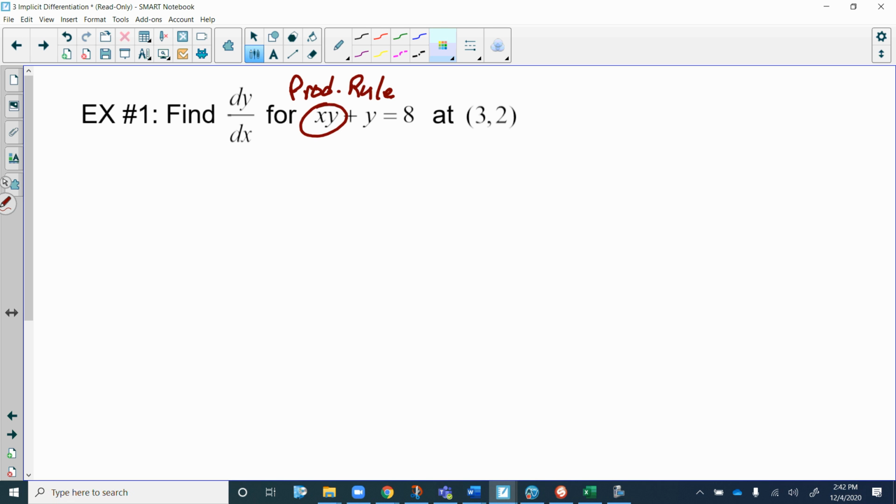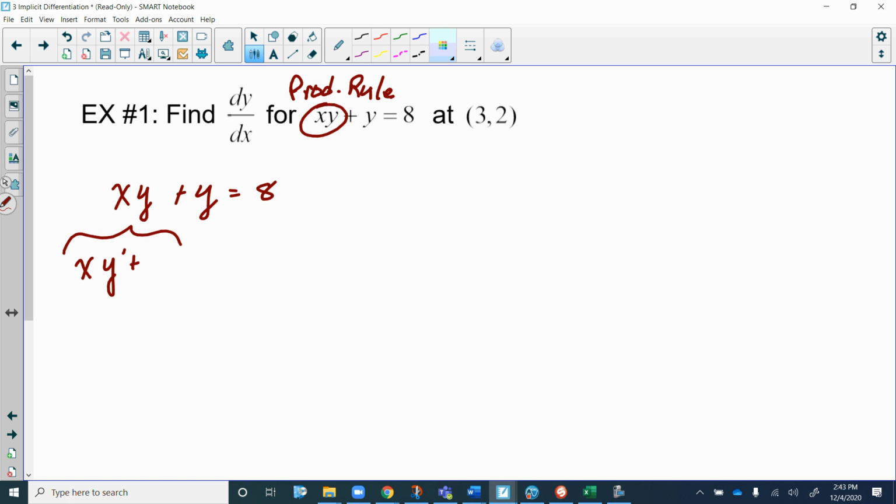Now, I'm going to go ahead and just write it out here again: x times y plus y is equal to 8. So take the derivative of everything. We're going to use the product rule here. So I'm going to leave x alone, and the derivative of y, I'm going to write as y prime.